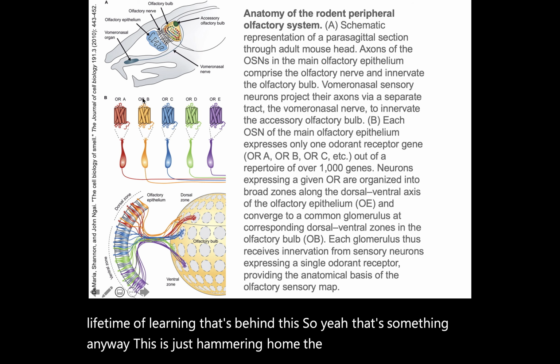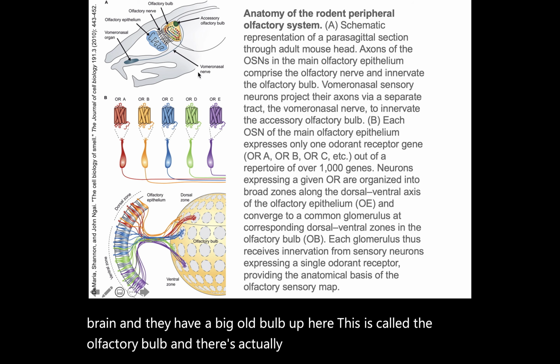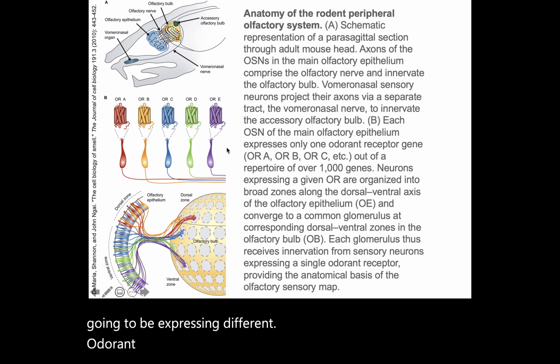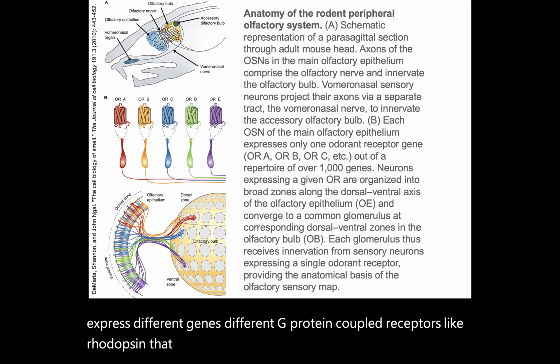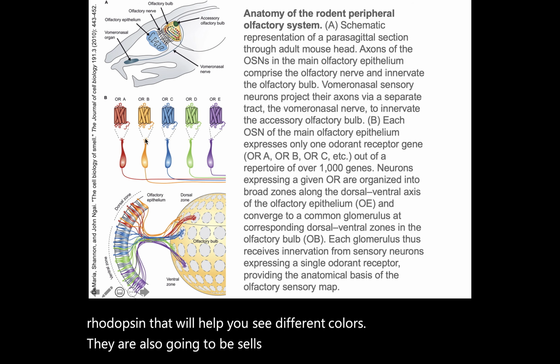This is a nice little rat brain, and they have a big old bulb up here. This is called the olfactory bulb, and there's actually an accessory olfactory bulb with some of the cell bodies in it. And each of the cells in here is going to be expressing different odorant receptors. So just like we had rods and cones that can express different genes, different G protein coupled receptors like rhodopsin that will help you see different colors, there are also going to be cells that express different profiles of odorant receptors.